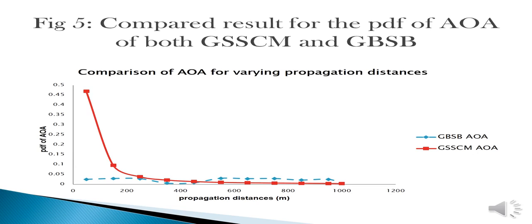We can see that for distances of about 1 to 500 meters, the GSSCM seemed much better in application for indoor propagation than from 500 meters up to 1000 meters.